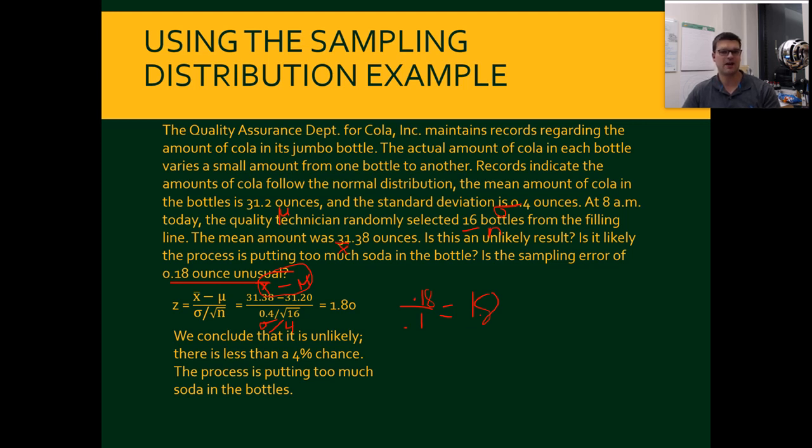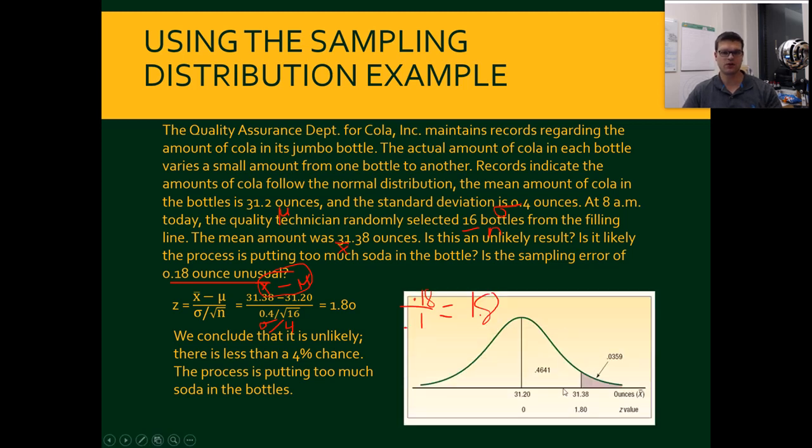You've got a less than 5%, really less than a 4% probability, or 4% chance of that occurring. You can see here this is 31.2, which is the mean, or mu. Then you've got 31.38, which is the mean of the sample. The sample mean is 1.8 standard deviations above the population mean, and this is the probability of that actually occurring.